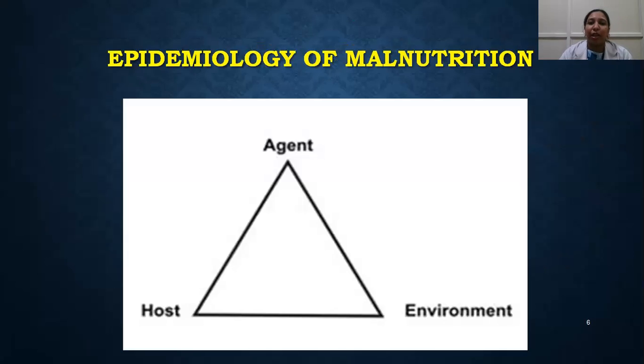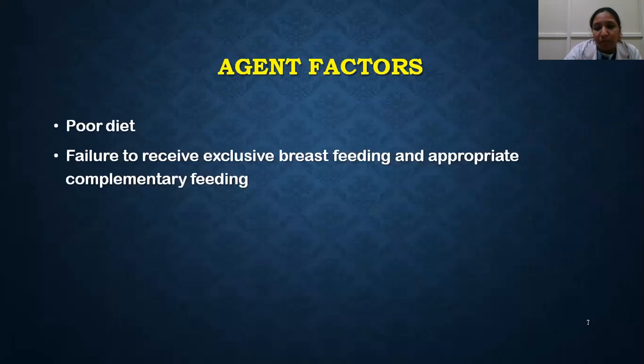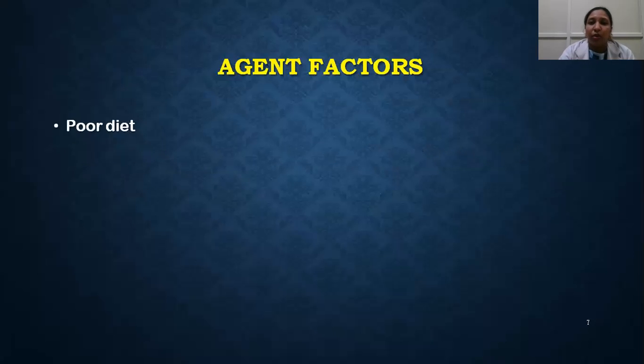Okay, so talking about the epidemiology of malnutrition, just like any other disease, for any communicable or non-communicable disease, we usually draw the triangle of epidemiology. So for malnutrition also, we have agent, host, and environment factors, which we'll be talking about in detail. So agent factors: the disease is usually due to the food diet, either in quality or quantity, anything which is lacking.